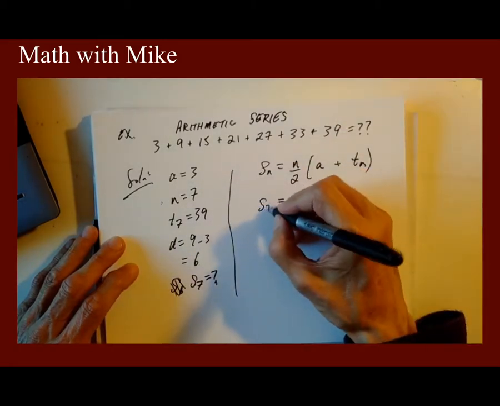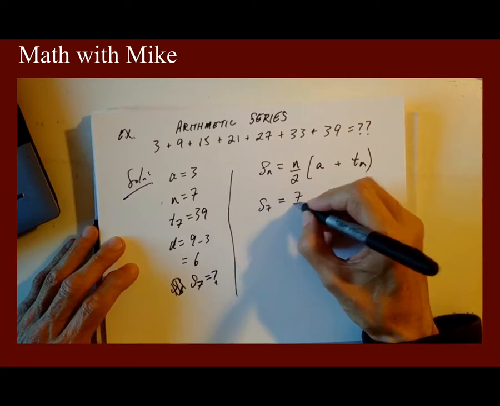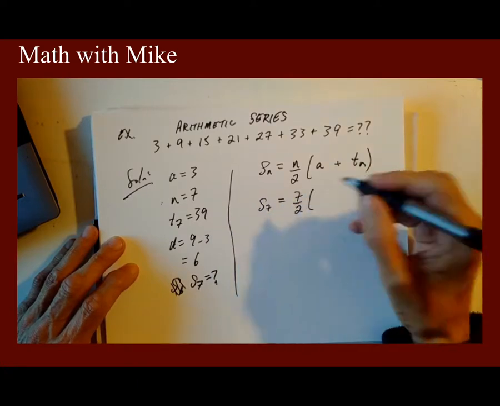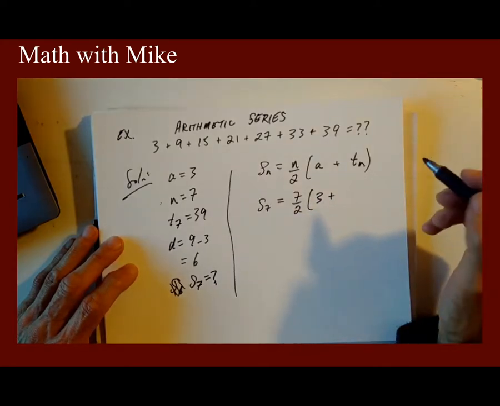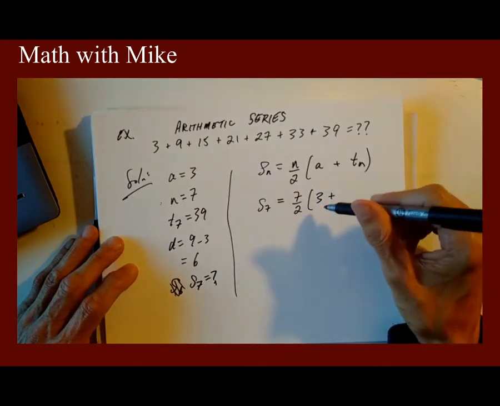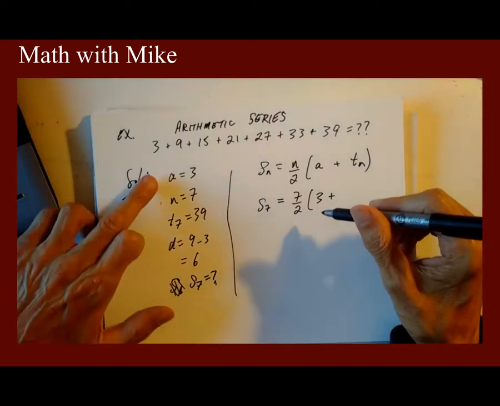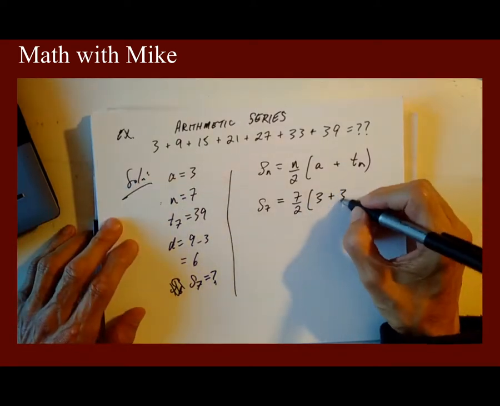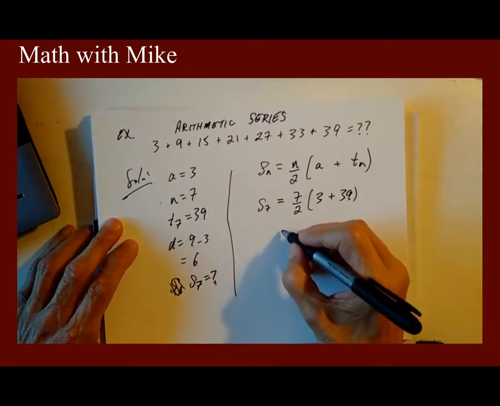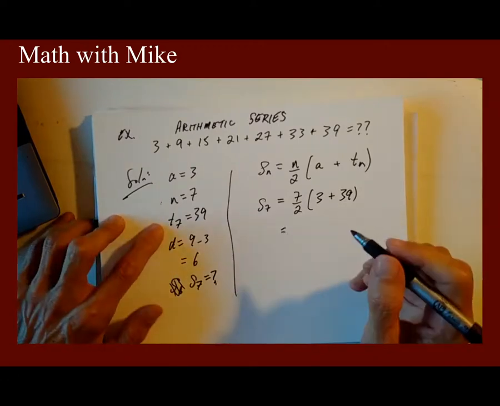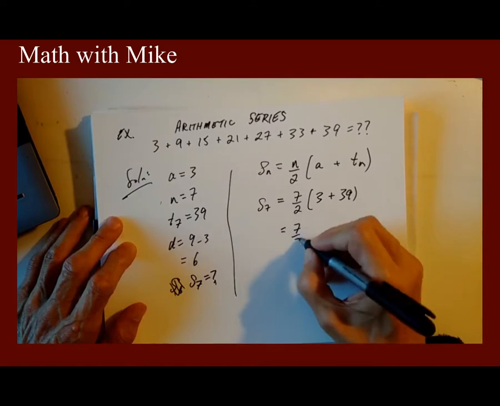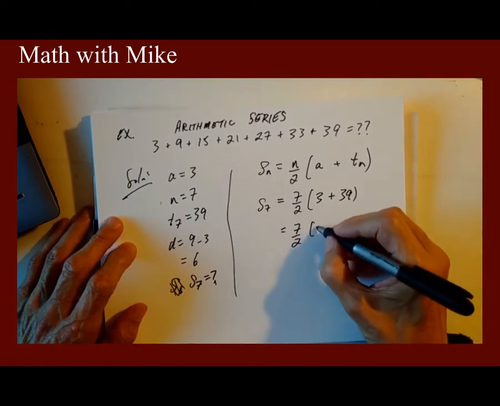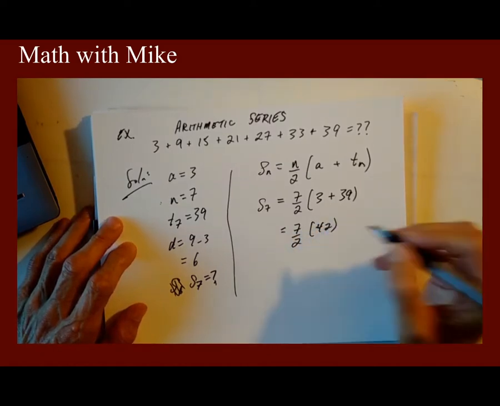But we have n is 7, which might be a little bit awkward for the adding and multiplying, but we'll see what we got. 3 is the first, 39 is the last. 7th position goes in there. And so we have 7 over 2 times, this to me looks like it's 42.